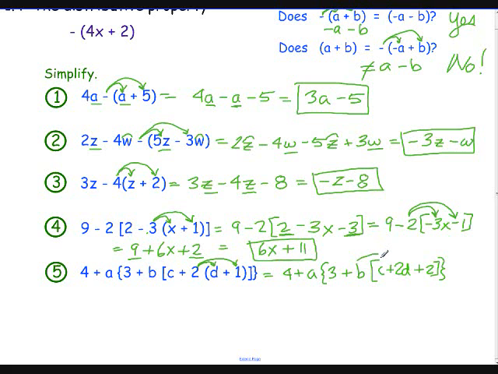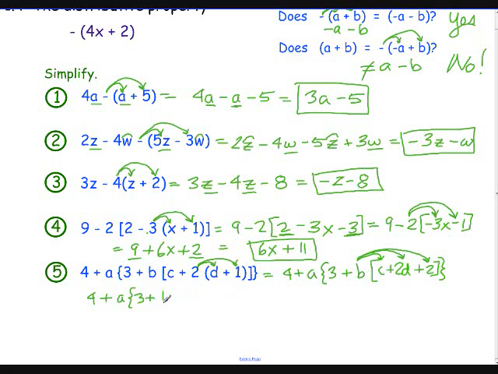Now I'm going to distribute the B to everything inside the square brackets. I'm still not doing anything with the curly brackets. So I've got 4 plus A, open curly bracket, 3 plus, and now what do I get?